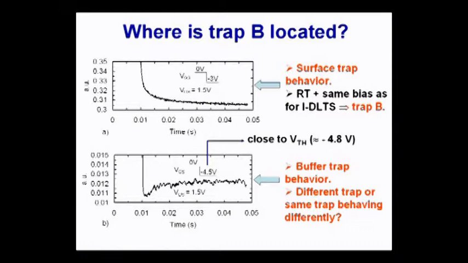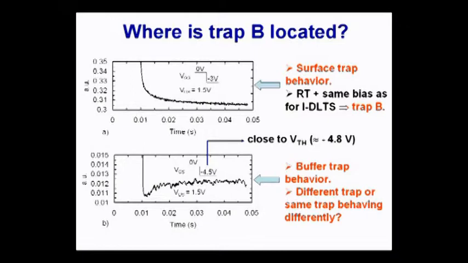This suggests that the trap responsible for this transient is trap B. But this kind of transient is consistent with a hole-like trap, which is generally consistent with a surface trap signature.